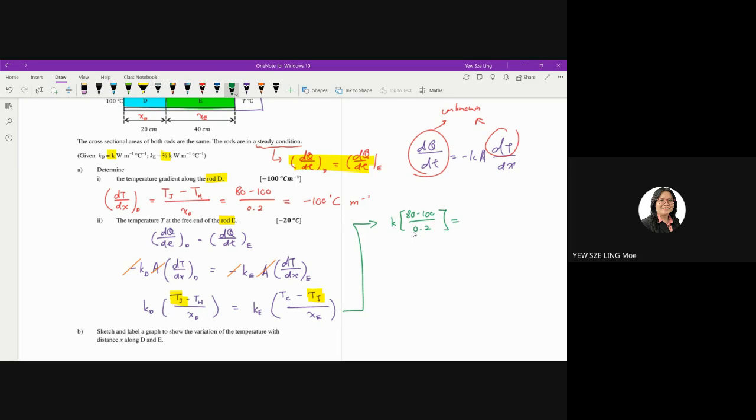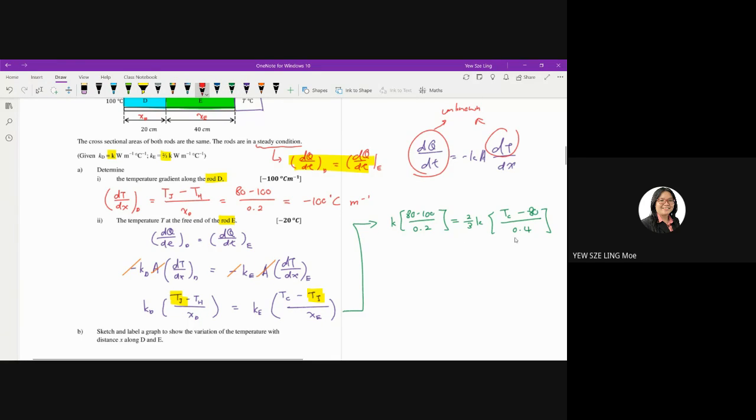It is then equals to 2 over 3 K, and then TC. Now, TC is an unknown, so you keep it as TC minus 80 degrees divided by 0.4 meters. Remember, it should be in SI unit.